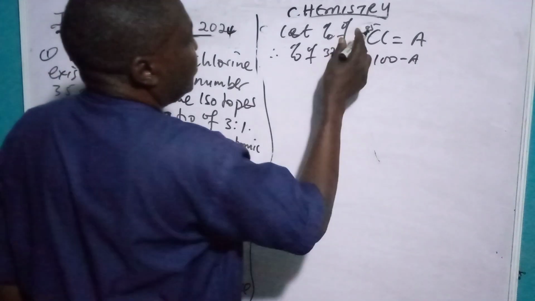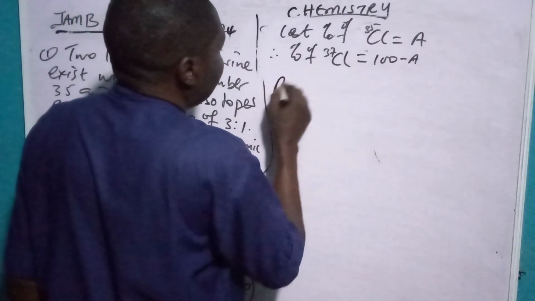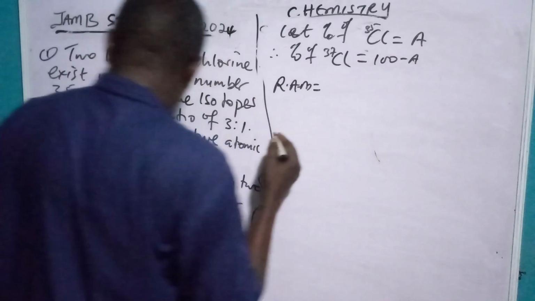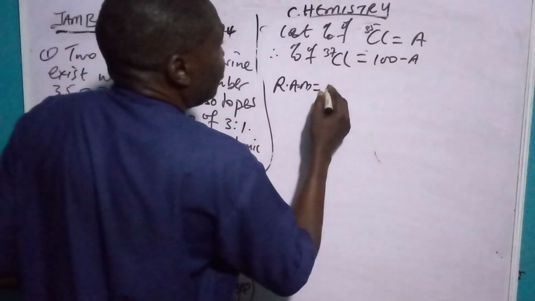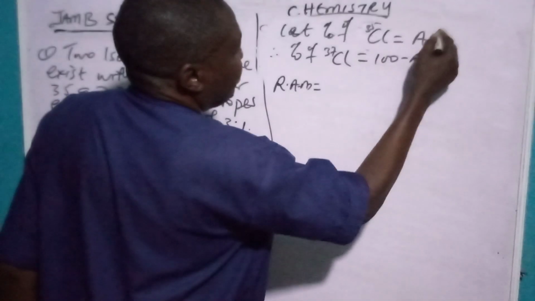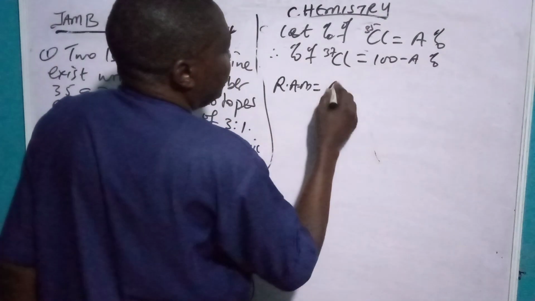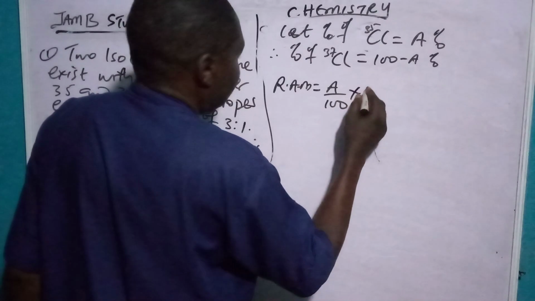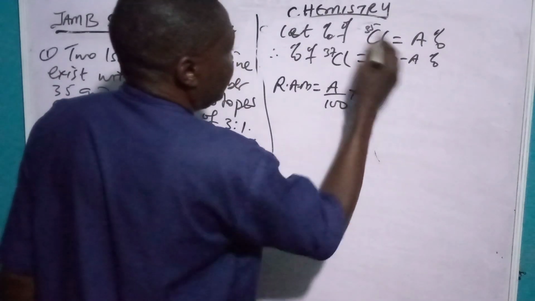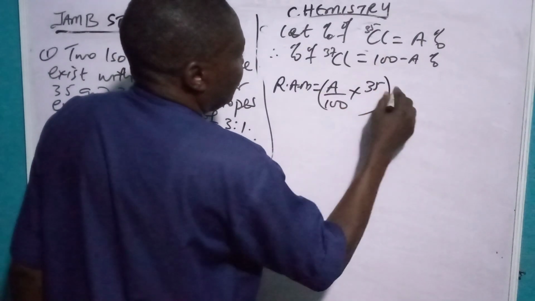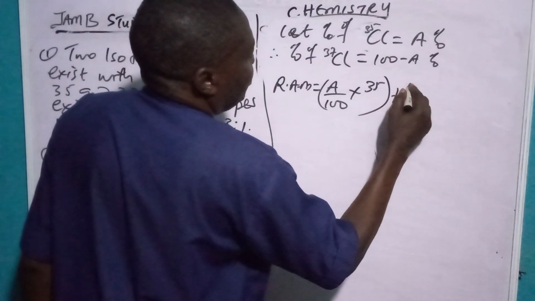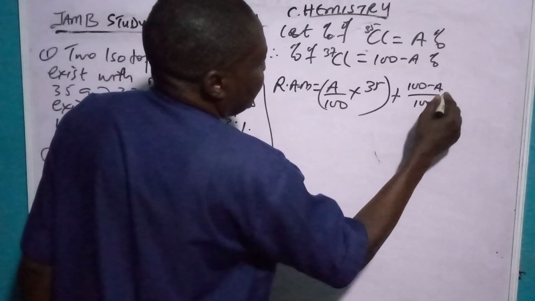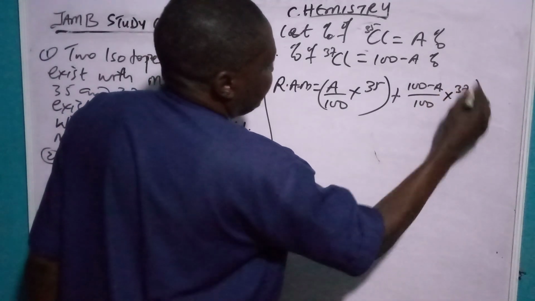You now say for this first one, you have relative atomic mass equals the percentage, A over 100, times 35, plus 100 minus A over 100 times 37.